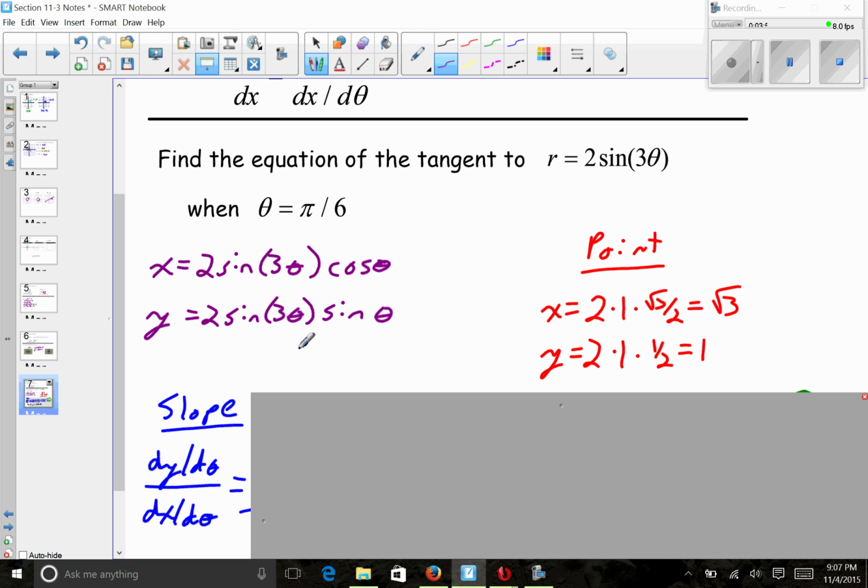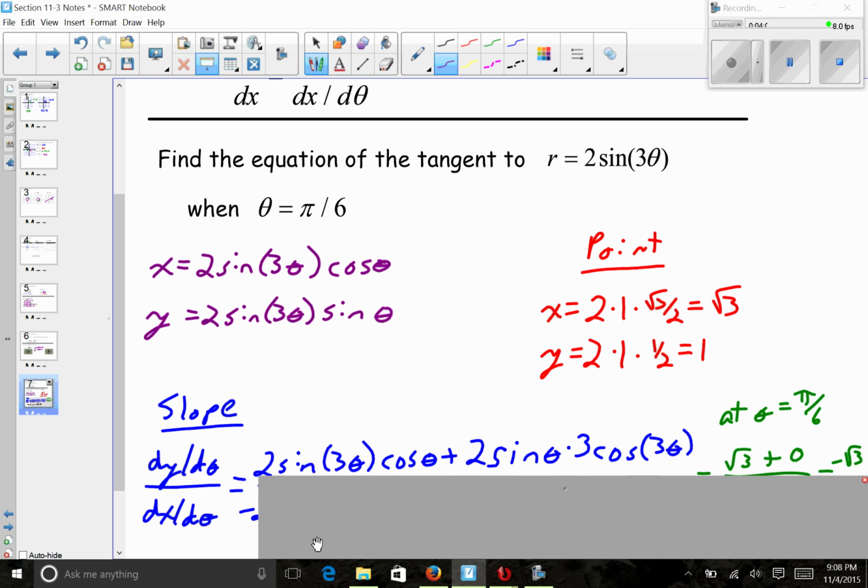To find dy/d theta, I am going to need to use the product rule, which would be 2, a constant multiple, then first, sine of 3 theta times the derivative of sine, which is cosine, plus the 2 times sine of theta times the derivative of sine 3 theta, which would be cosine 3 theta times 3 because of the chain rule.